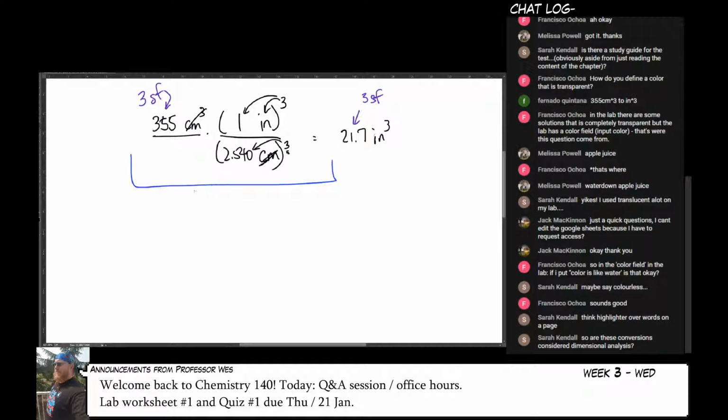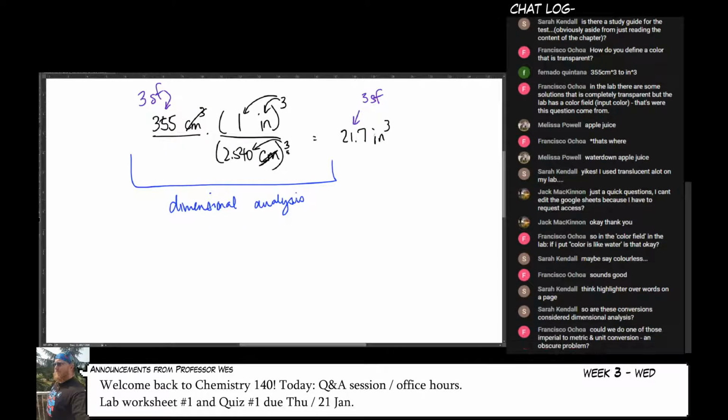Any sort of unit cancellation is dimensional analysis, because you can think of units as dimensions, and you are canceling out one unit to another.